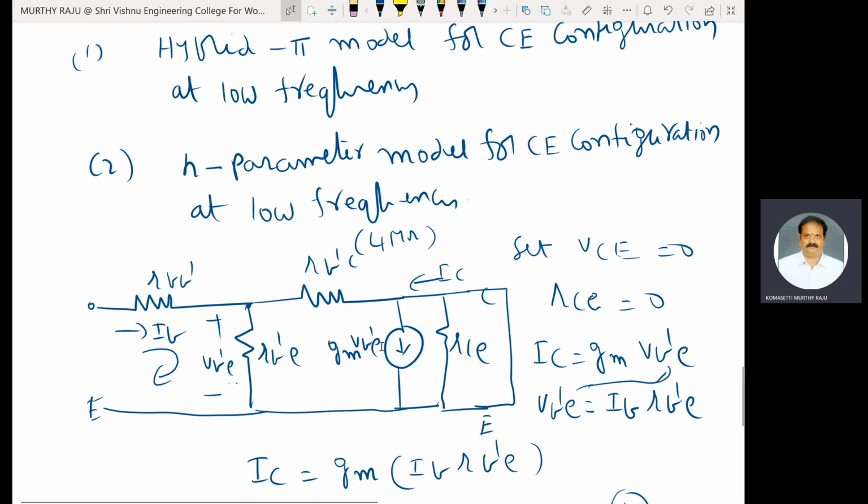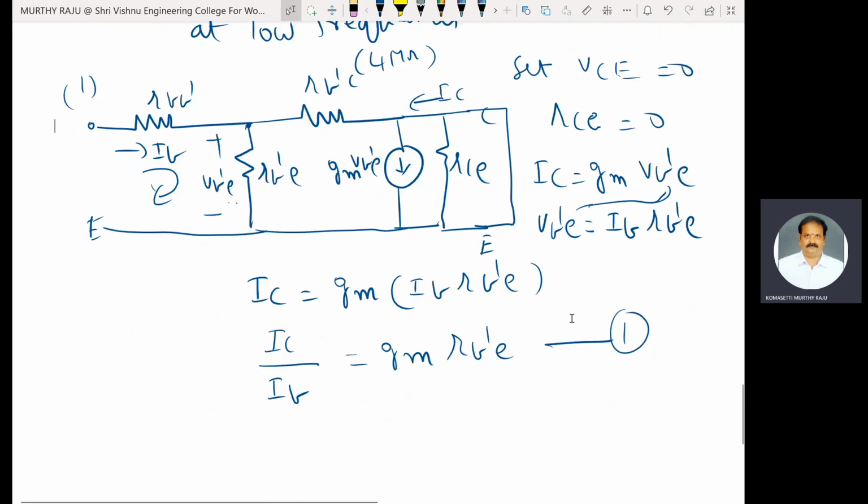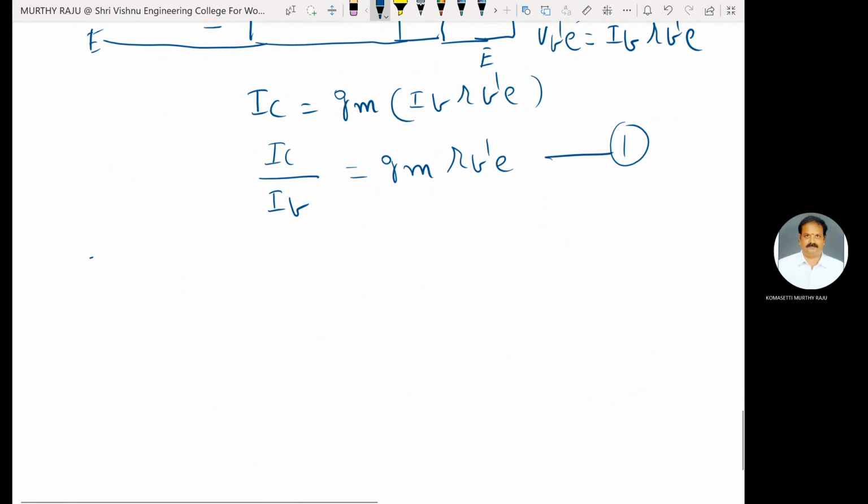First model is completed. This is the first model. Second model, the H parameter model for CE configuration at low frequency.